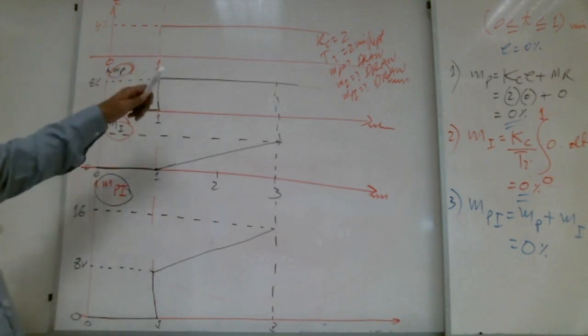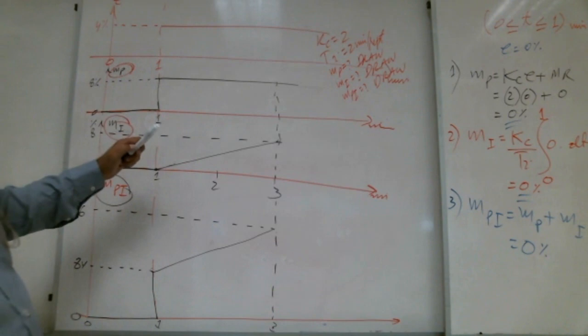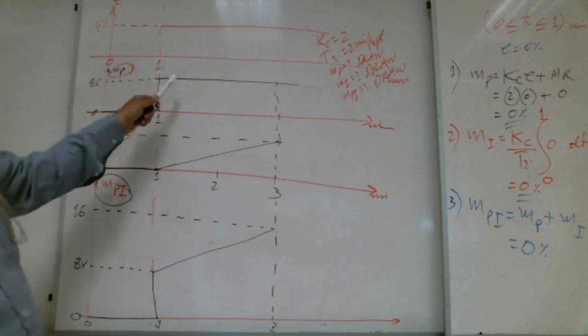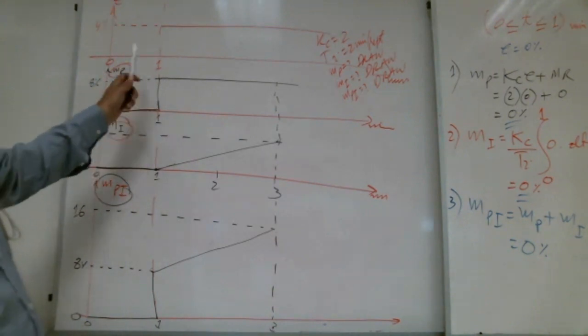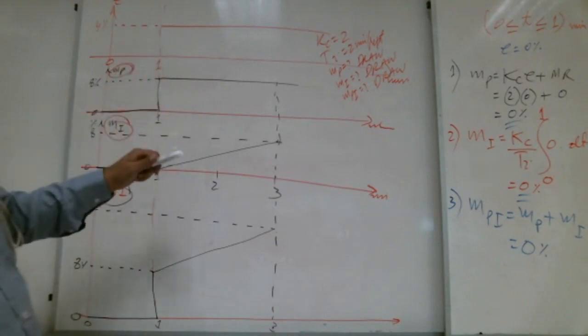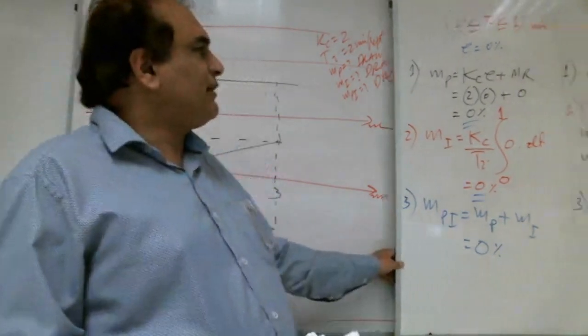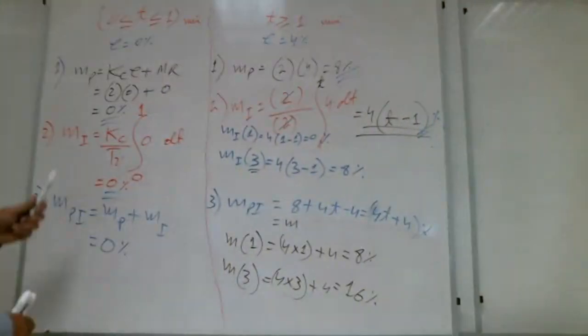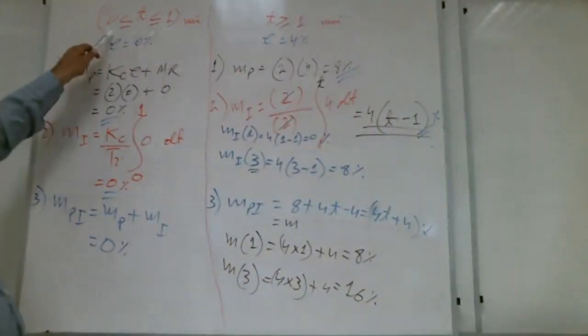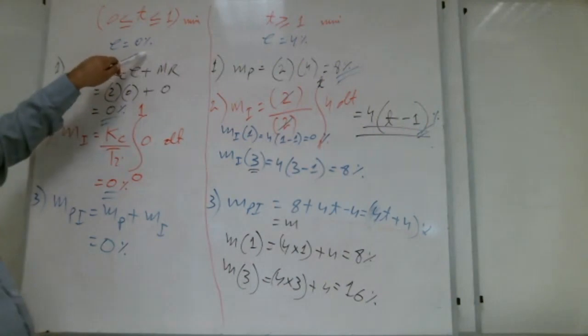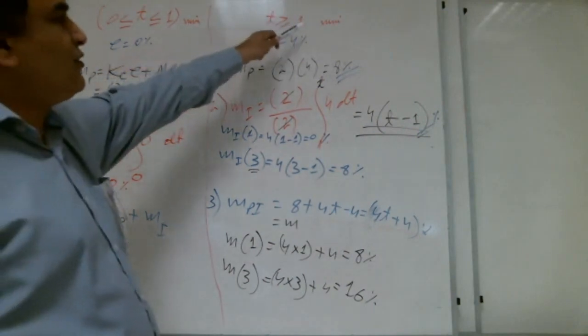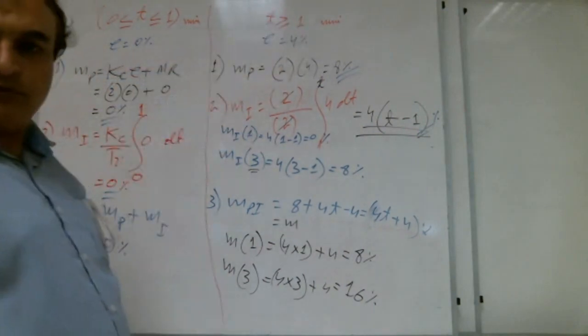What is the error from 0 to 1? 0. And after 1, what is the error? 4. So T is greater than or equal to 0 and less than or equal to 1, error is 0. T is greater than or equal to 1, error is 4.